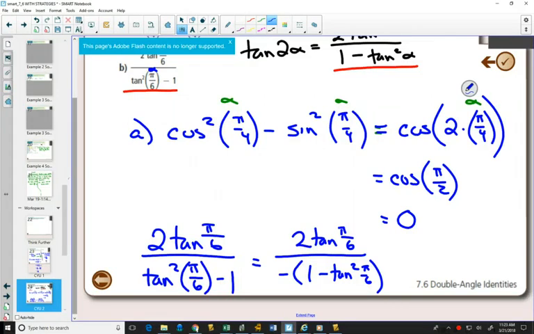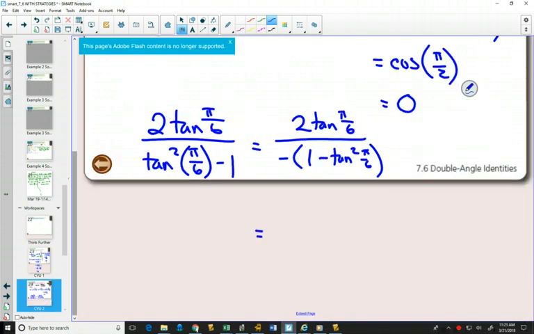And if you have a negative on the bottom of a fraction, that's the same as that entire fraction being negative.